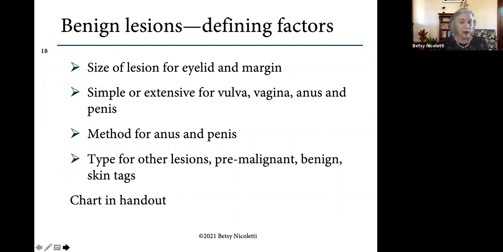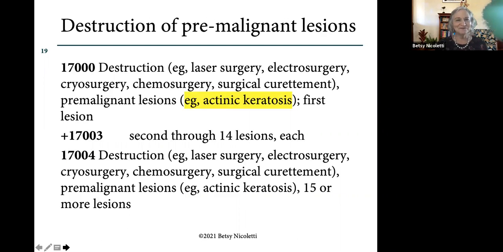And then for skin, we have different codes for pre-malignant lesions, benign lesions, and skin tag. And there is a chart in your handout. So if you didn't get the handout, we want to make sure that you do. So we need to contact your practice leader or someone to get it, because there's a single page chart, a reference sheet for destruction of benign and pre-malignant lesions, which I think can make it easier than looking at these slides.